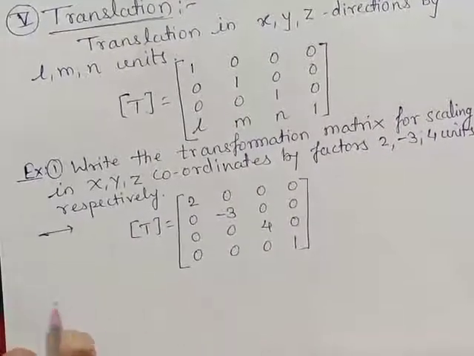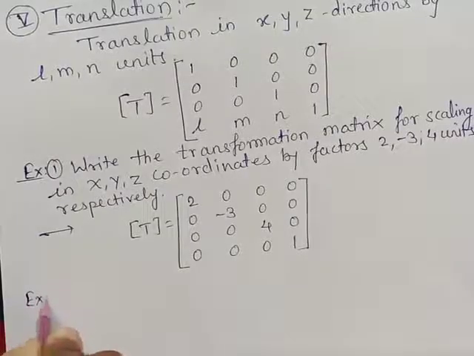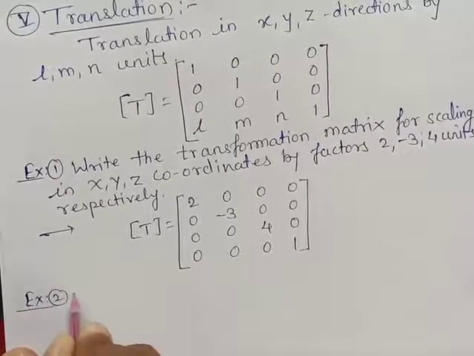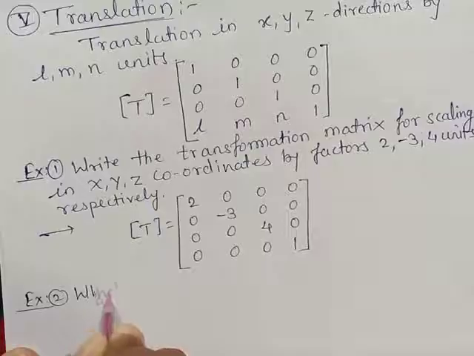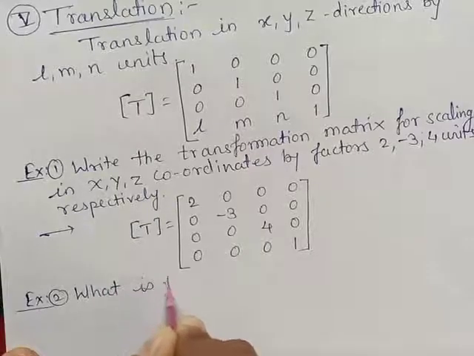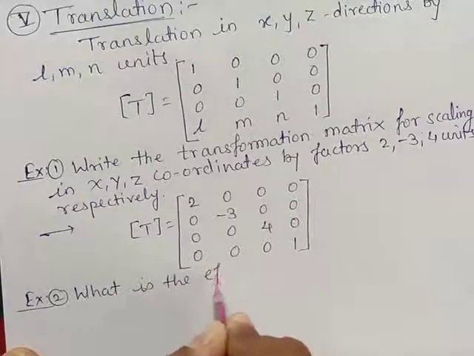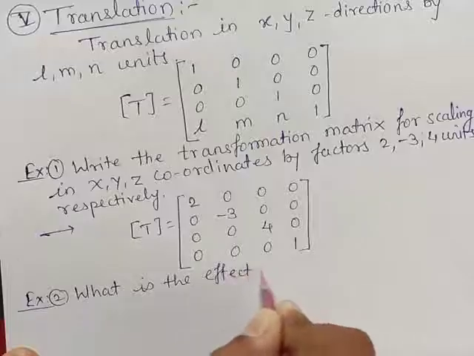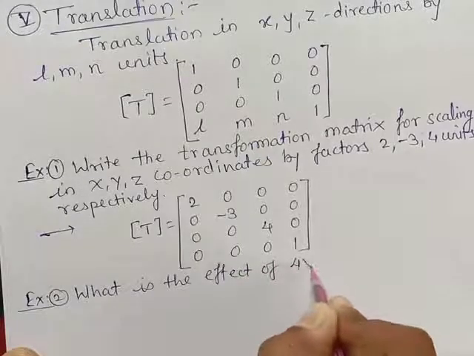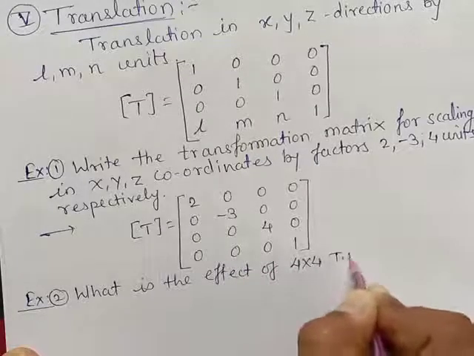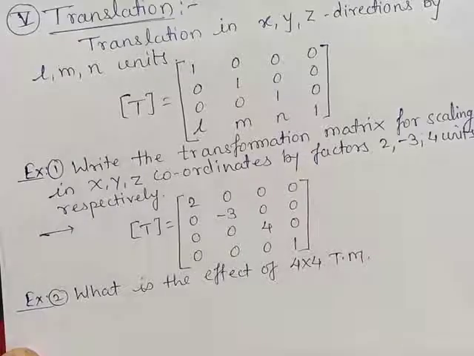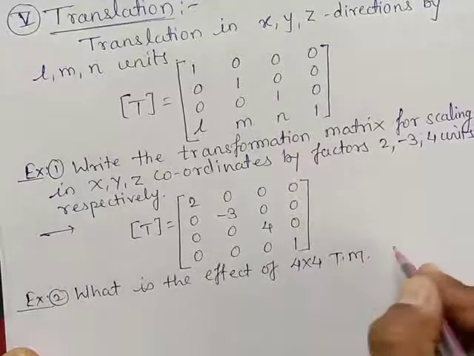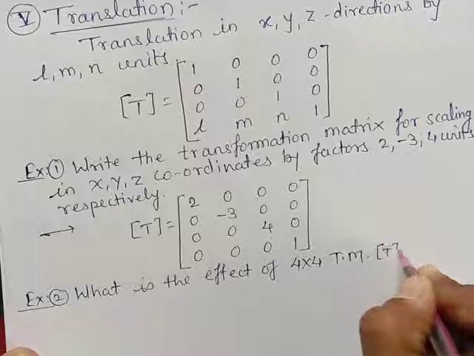Now another example, suppose, what is the effect of the 4 by 4 transformation matrix here? The transformation matrix T is given to us.